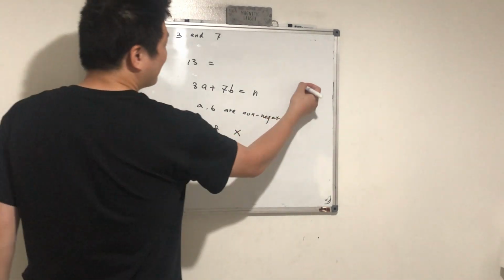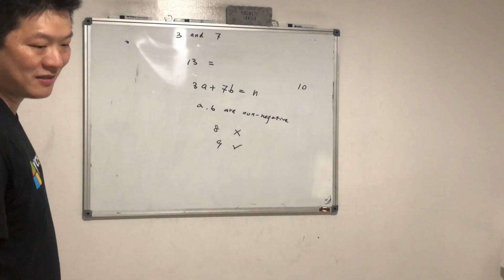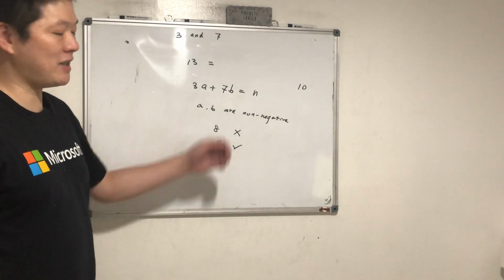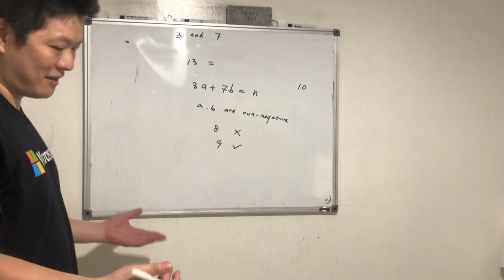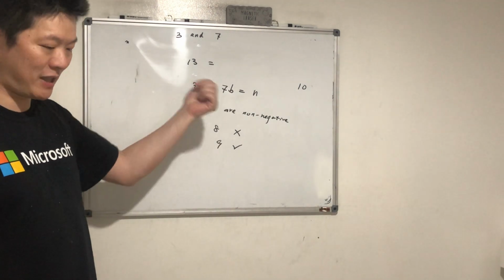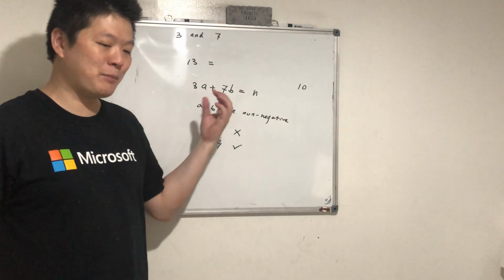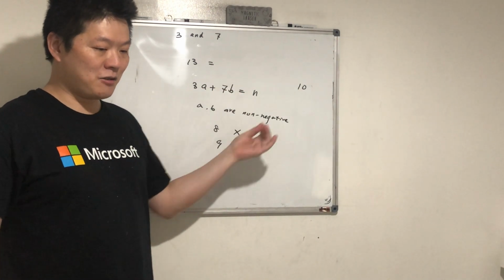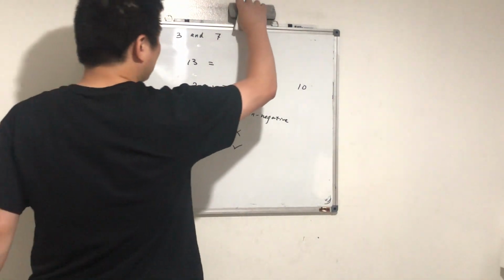How about the mix, like 10? That's pretty obvious, 10 is 3 and 7. So it's either in the 3 times table or the 7 times table or the mix. How do we check the mix? Any idea?